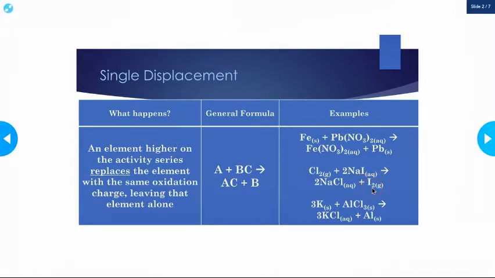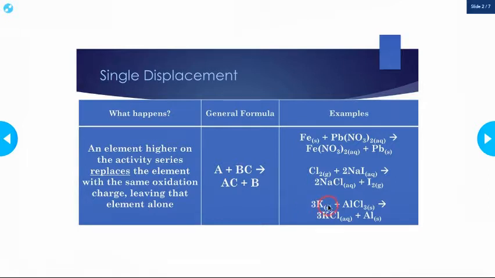Iodine and chlorine are both diatomic, so that's why they have the little 2's after them, because they're by themselves. Whenever elements that are diatomic are by themselves, you must have the 2 there. Right here, it doesn't have to have the 2 because it's with sodium, it's not by itself. Same thing with chlorine. It doesn't have to have the 2 because it's with the sodium. But if it is by itself, then it has to be identified as diatomic.